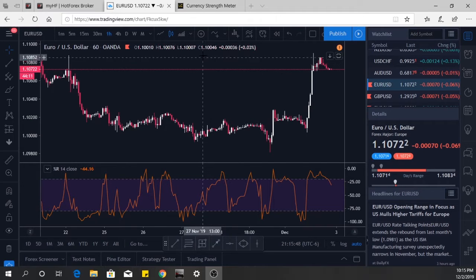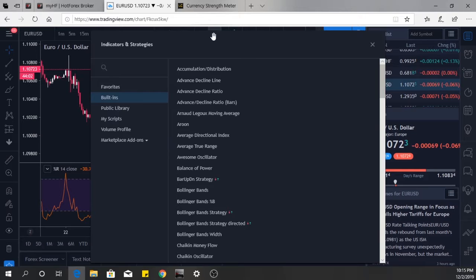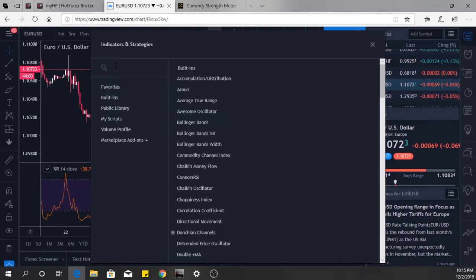So first of all, we're going to identify the trend of the market using the 100 MA and the 50 MA. Then I'm going to show you how I enter a trade whenever the market's in a particular trend.